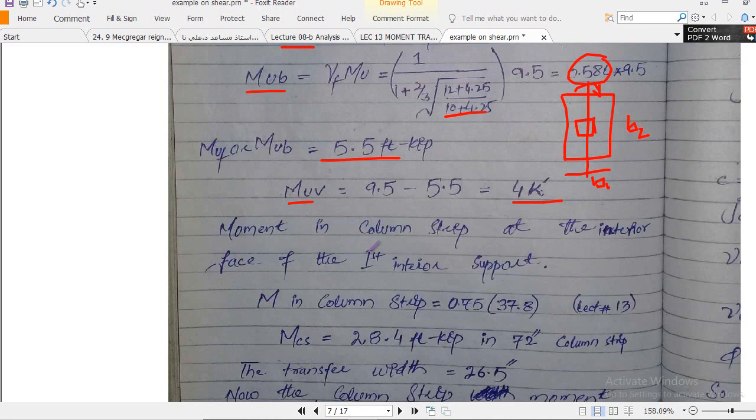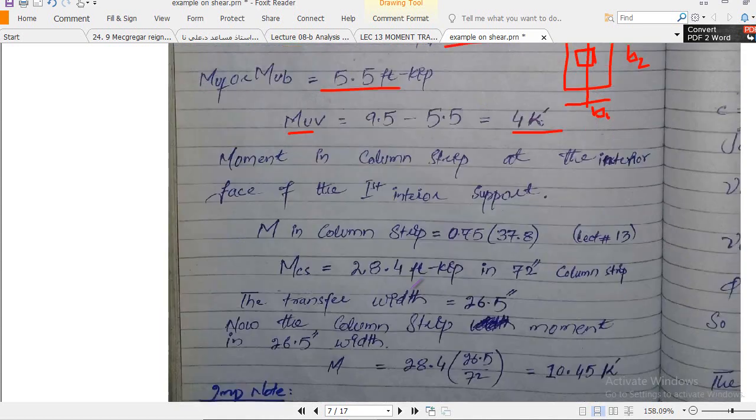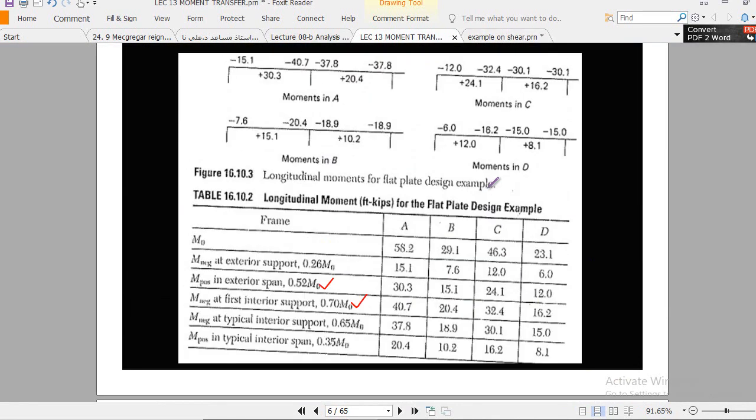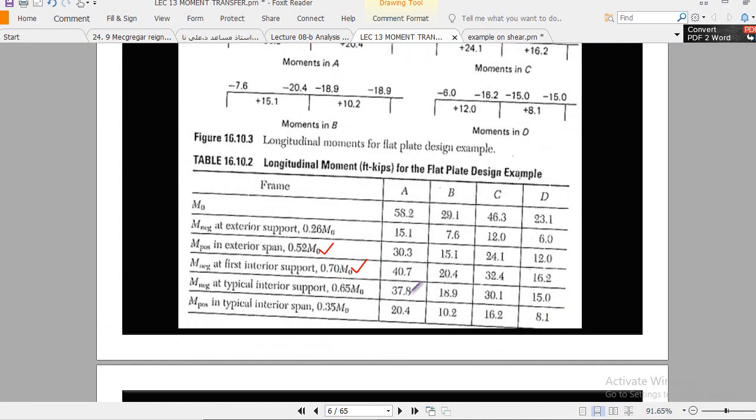Now the moment in the column strip at the interior face of the support, you have to use the same procedure. 37.8, I already discussed it here, is M negative at a typical interior support.